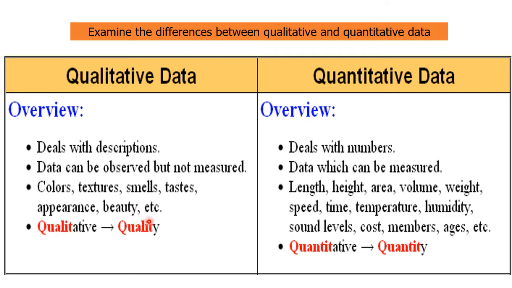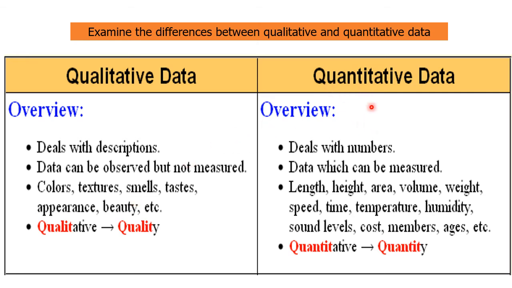Qualitative is more about the quality. With our own eyes we can evaluate whether it is quality or not, such as when we check the texture of the fabric and the smell of the food.